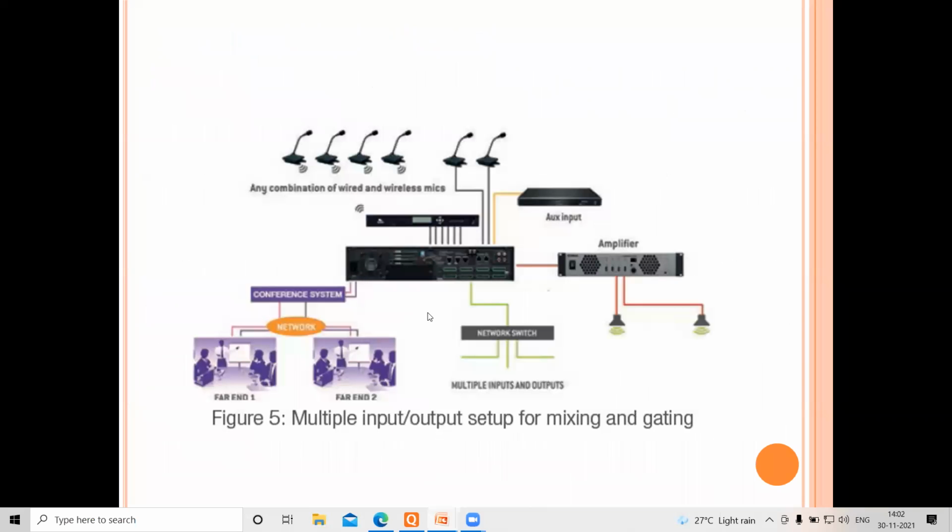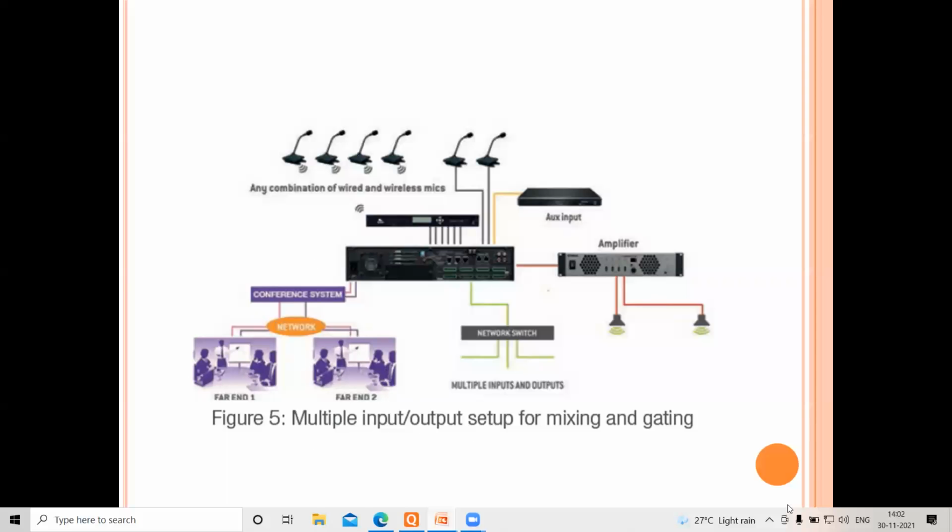The next one is where you have multiple inputs and outputs being mixed. This is what is being shown: any combination of wired and wireless microphones. You have the aux input being fed, this is your sound system, then you have a conference system.